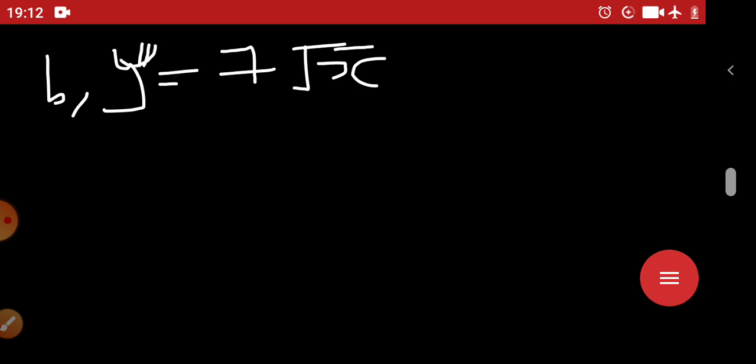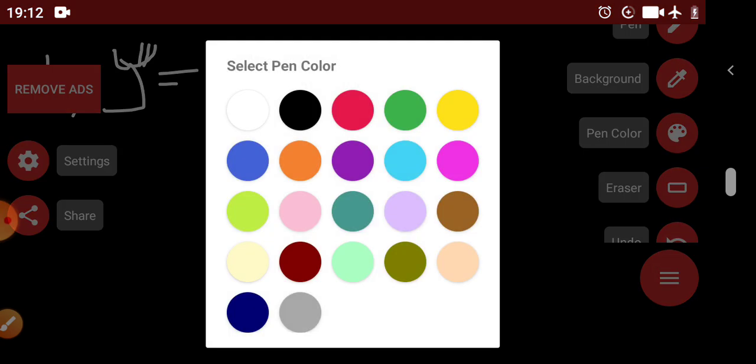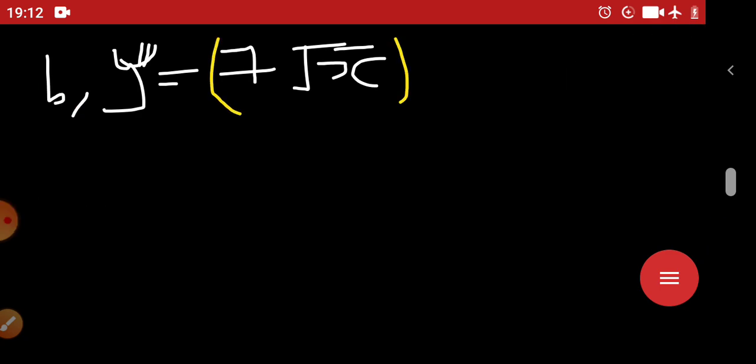It would be convenient first to sort out the 7, because if we take a power here, we can take the power 2, or we can square both sides like this.